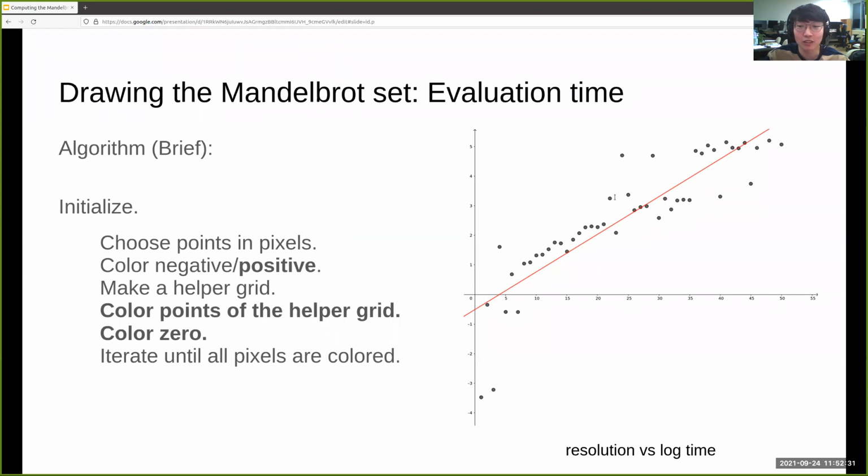So it also takes a large amount of time. Finally, coloring 0 also takes a large amount of time because it should check all the points that are colored positive and negative.